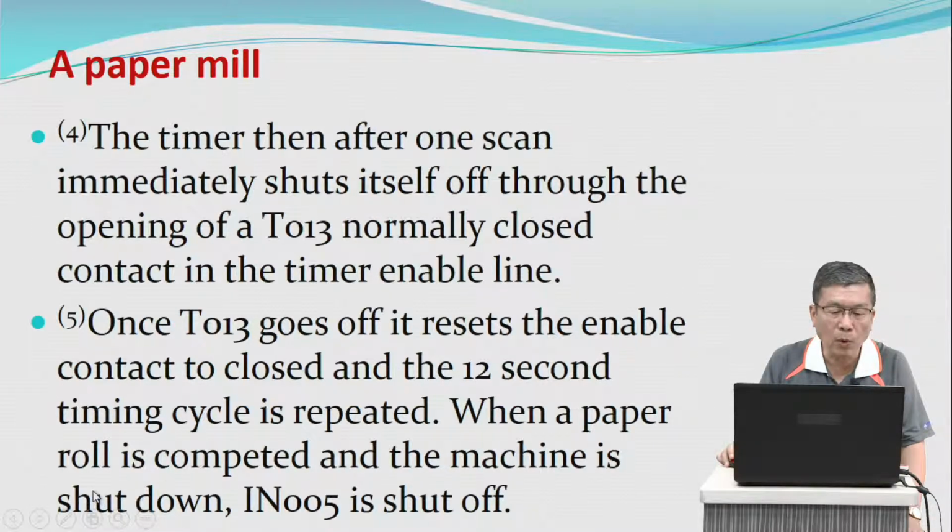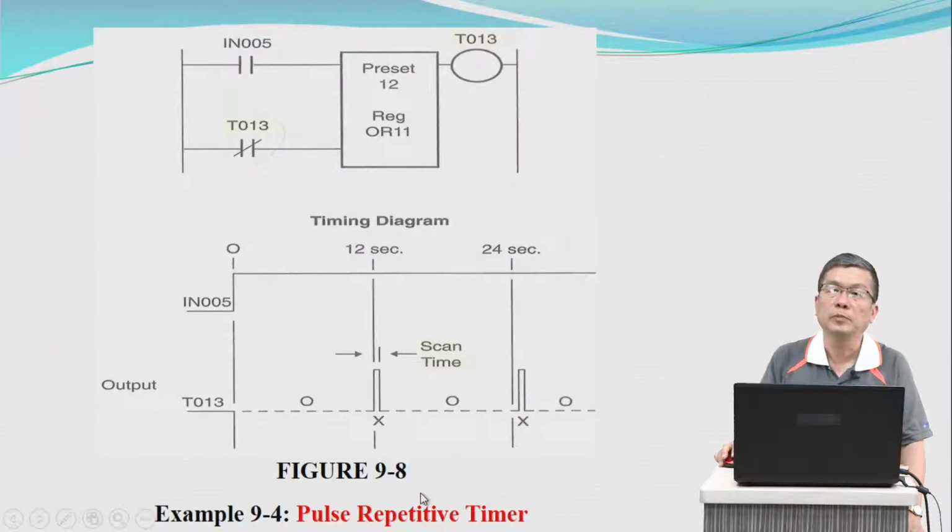When the paper roll is complete and the machine is shut down, IN005 is shut off. This picture shows the PLC timer program and the timing diagram for the repetitive timer.